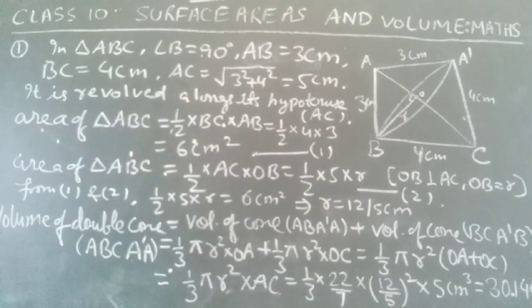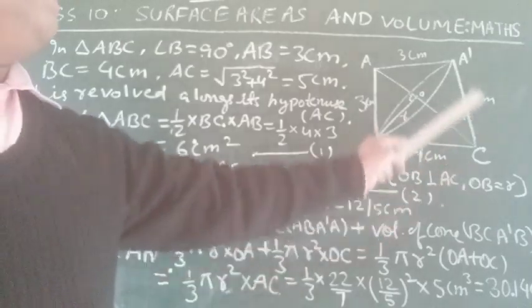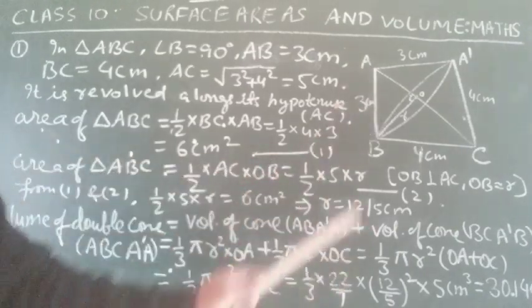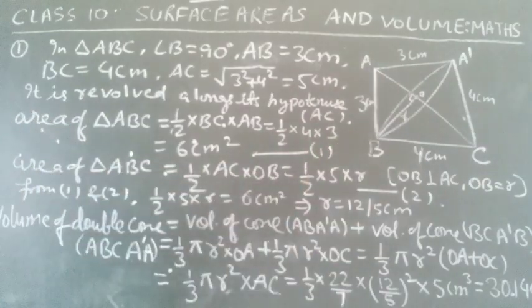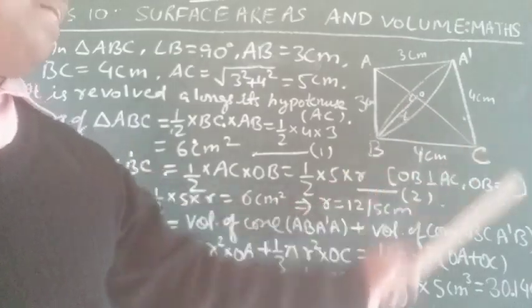Now, the volume of cone AB A dash A and the volume of cone BC A dash B. The volume of a cone is 1 by 3 pi R square H. R we have to use this one, and H is A to O, the vertical height; for the lower cone, OC is the height.